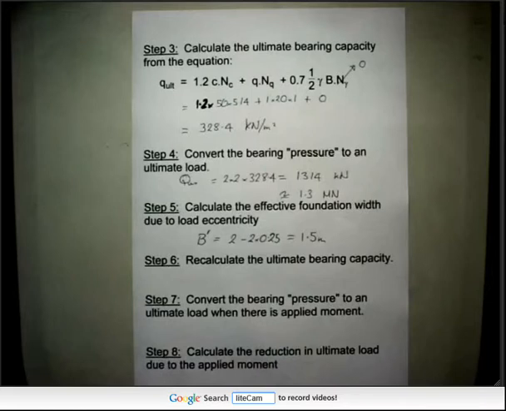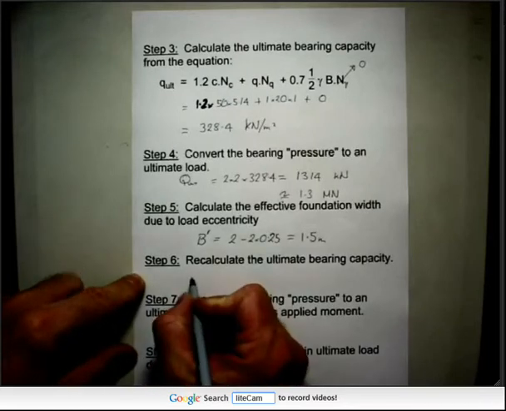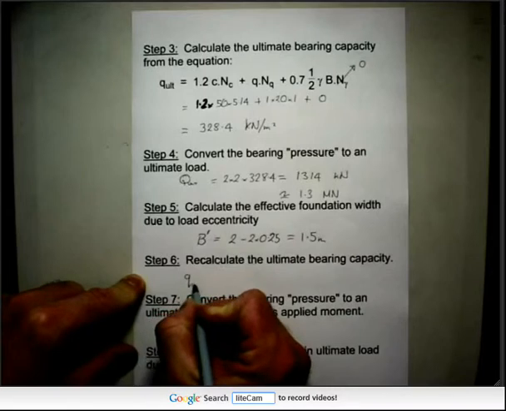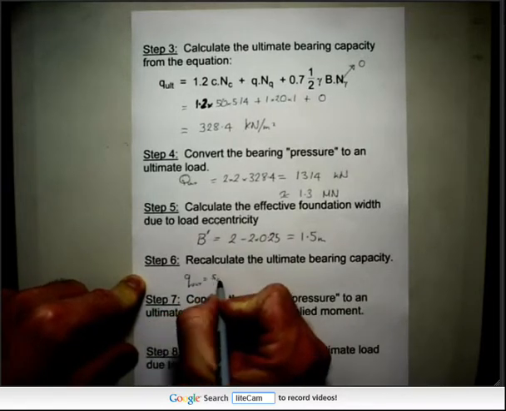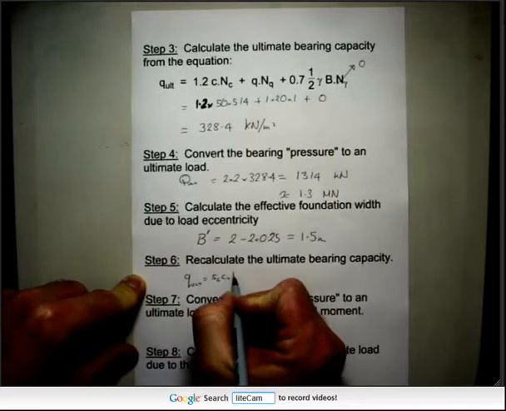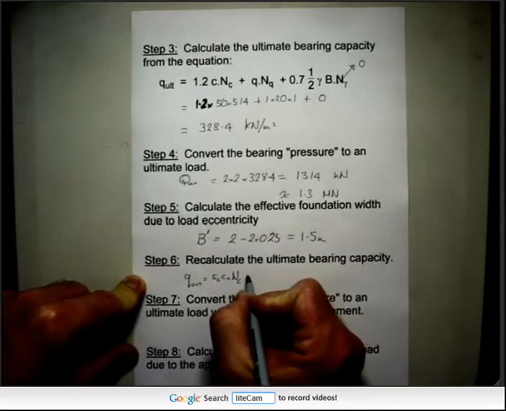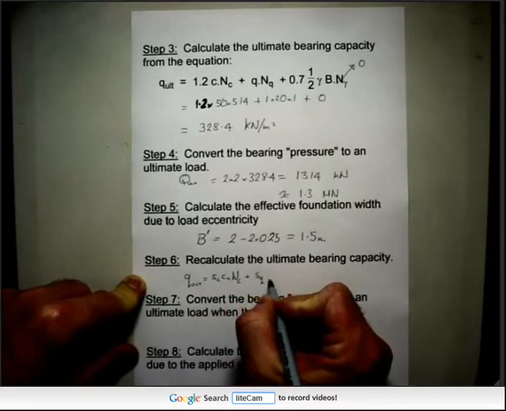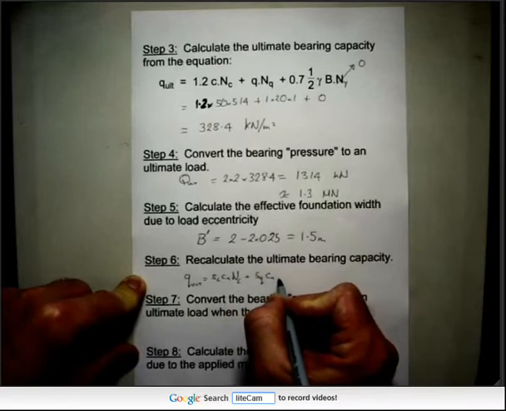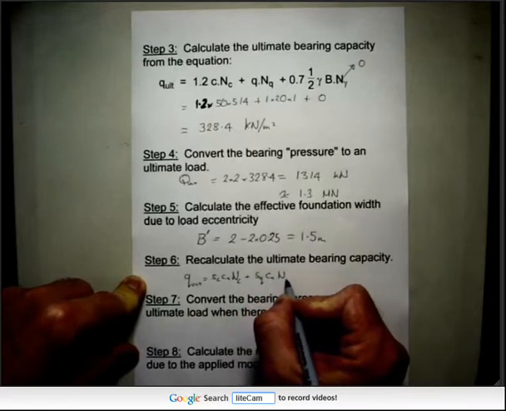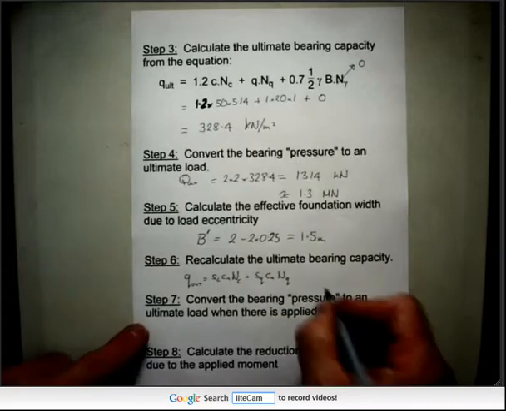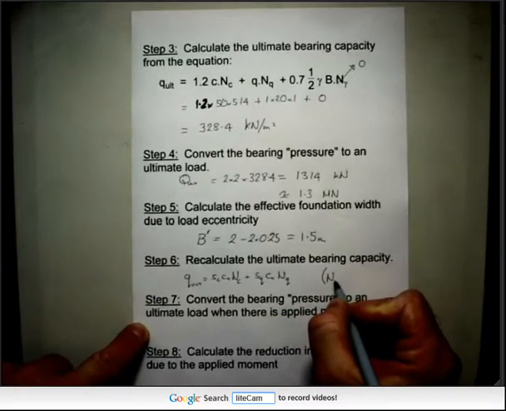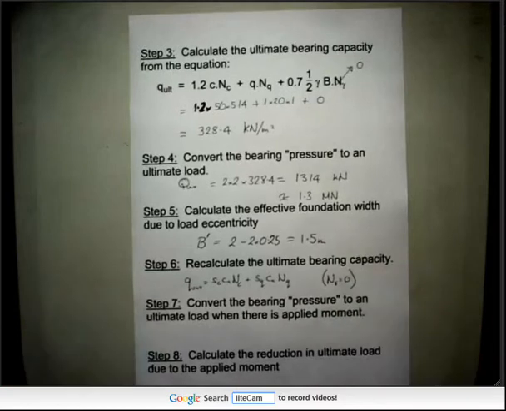And what we're saying is Q ultimate equals Sc times Cu Nc plus Sq times Cu Nq, where, and we'll put over here, N gamma equals 0, which is why I've left the last term off.